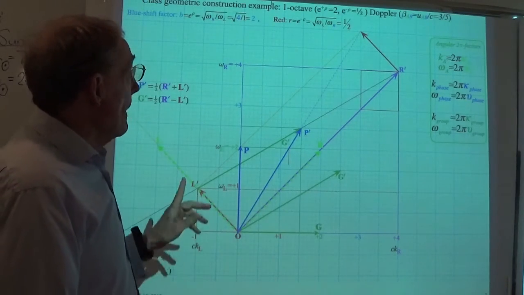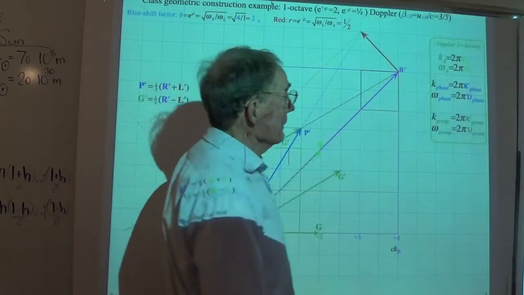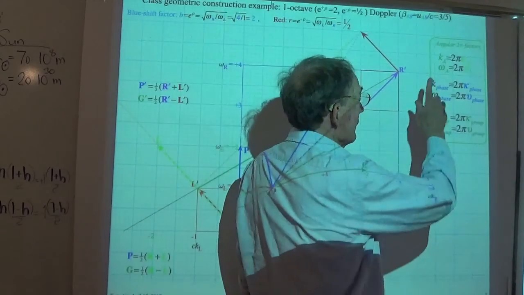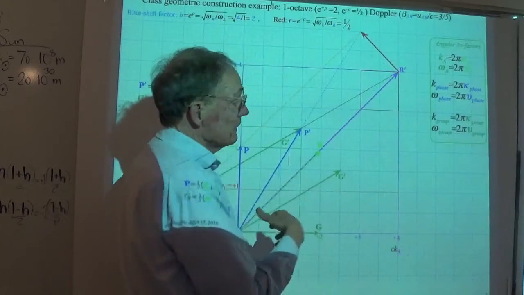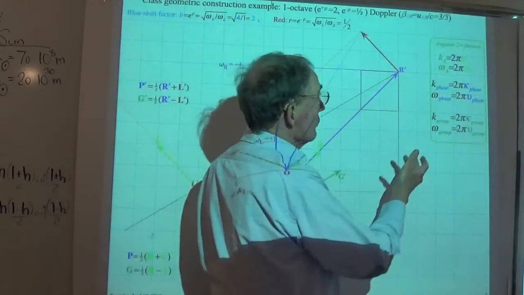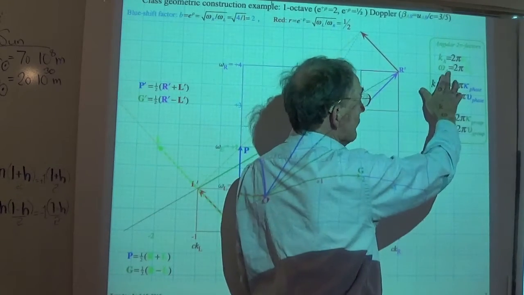Okay, now one other thing, and that is to remind you of the kinds of quantities that we use when we are doing trigonometry with the phasors and phases of these waves.